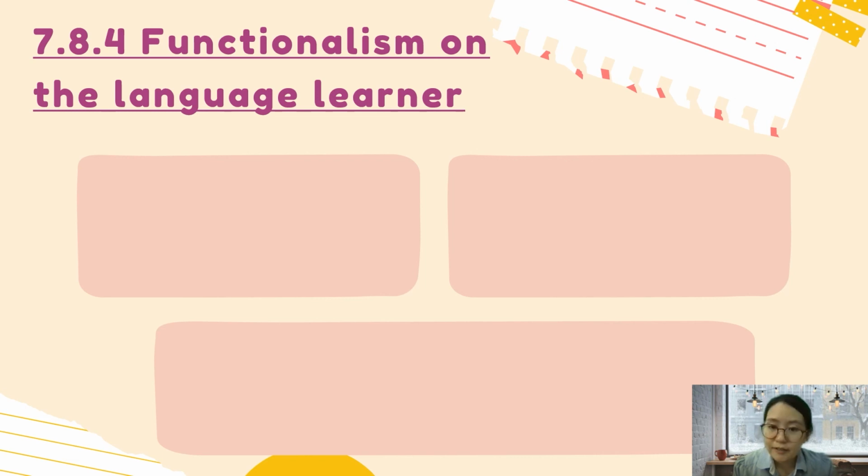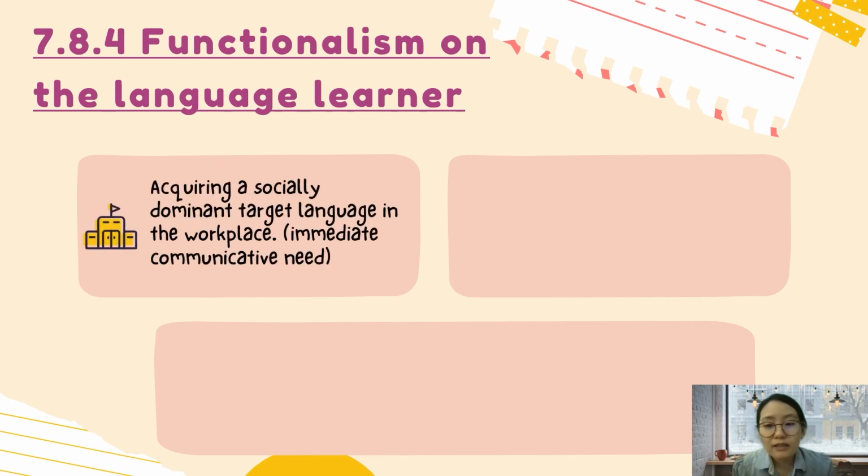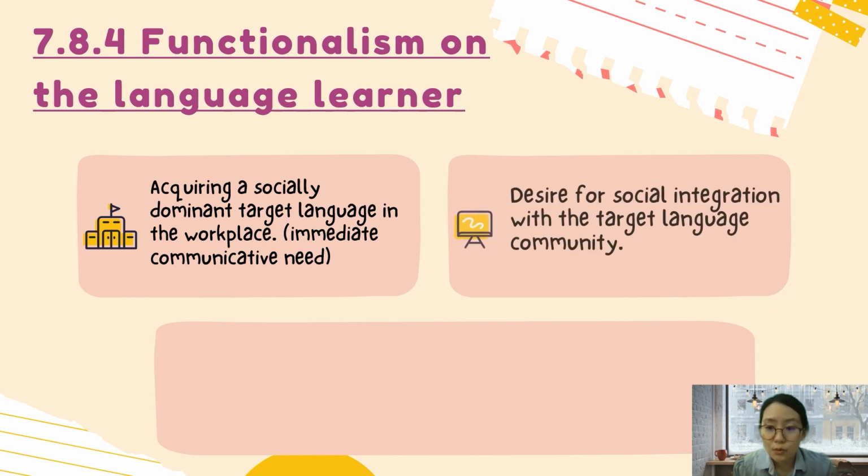Last but not least is the functionalism on the language learner. Adult learners acquire a socially dominant target language in a workplace. This is known as the immediate communicative need, in which people acquire a target language in order to survive in the workforce. Another factor is the desire for social interaction with the target language community to achieve communication goals.